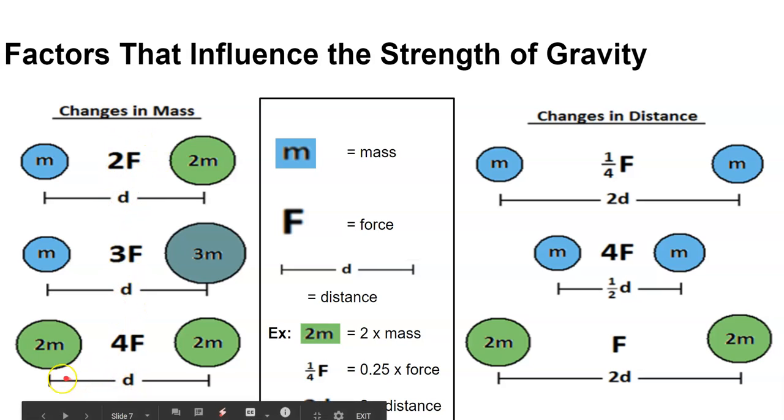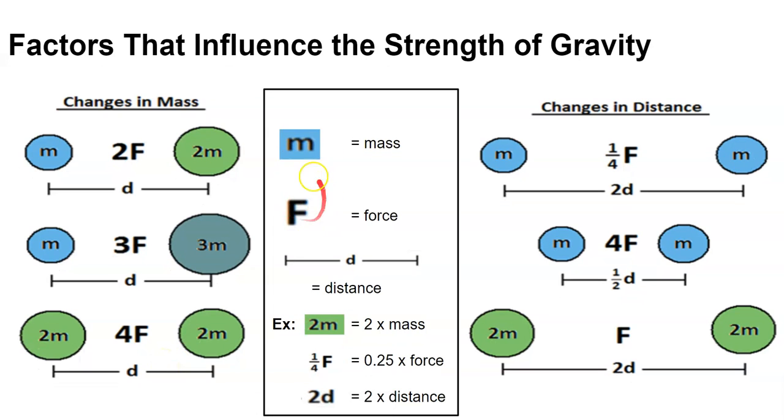So we see the distance is the same, this distance is the same as this distance, the same as this distance. And we're looking right here and saying, if we double the mass, we double the force. That's pretty easy. Triple the mass, triple the force. What happened here though? When we double the mass on both sides, we have 4 times the force.